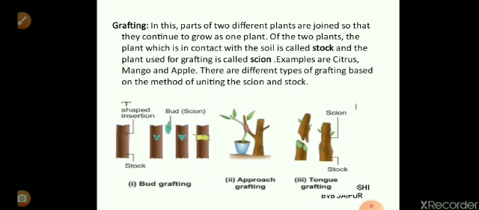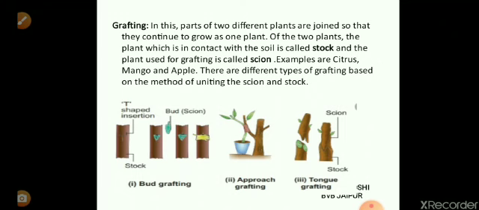and the plant can grow easily. This grafting is possible only in dicot plants because there are ring shaped vascular bundles present. In monocots, grafting is not possible because the vascular bundles are scattered and there is no vascular cambium present. You can see the different types of grafting.